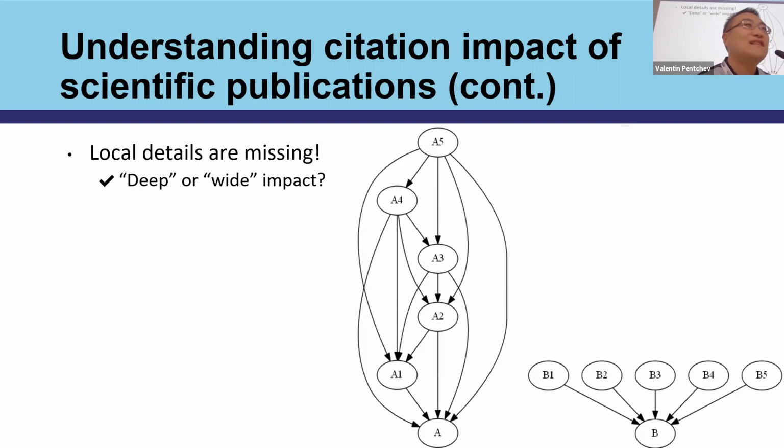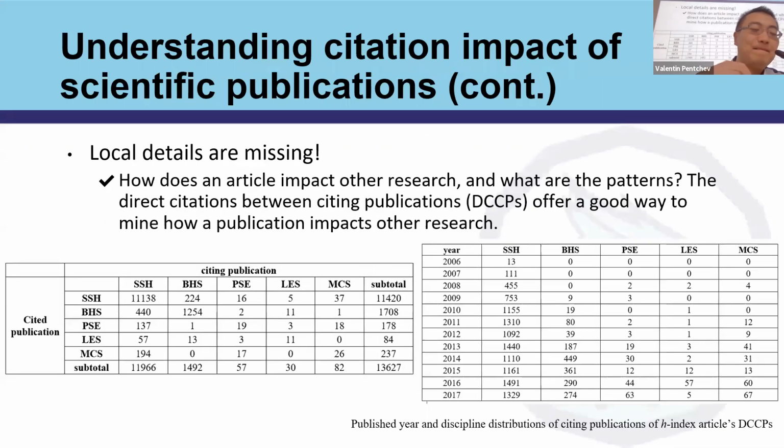That is not directly citing A, but from one citing publication to another citing publication. So I examine the domains of the citing and the cited publications of the H-index paper, and I find that most such relationships are in the field of SSH, which means social science and humanities.